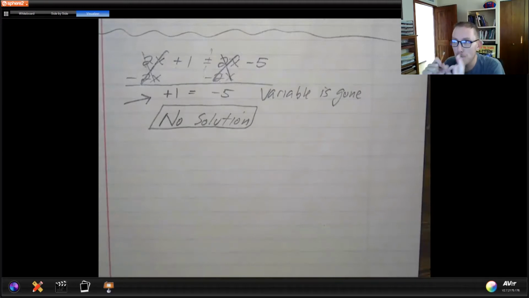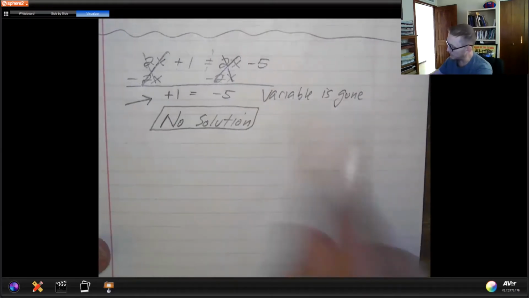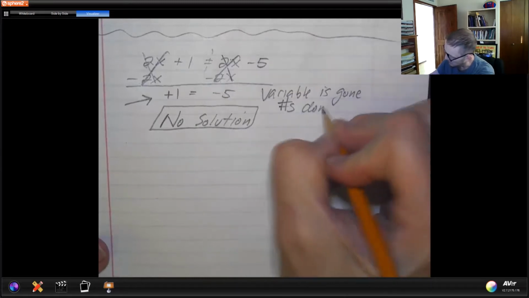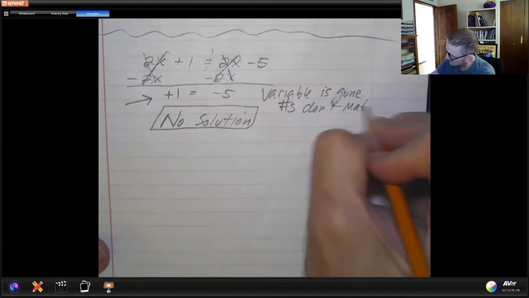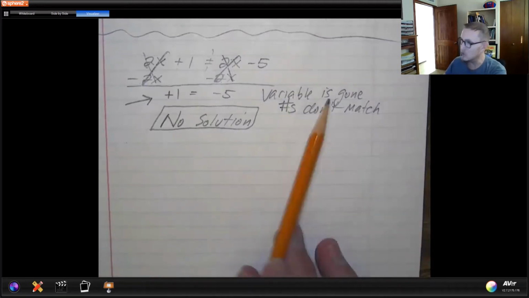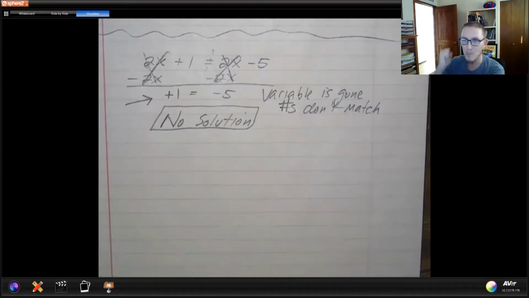There is no value for x in this particular equation because the variables canceled out and the values that were left don't match. Okay, so that's a no solution. Variables are gone and the numbers that are left don't match. You might want to write this in your notes as you're putting this down. Variable is gone and the numbers don't match. That's a no solution.